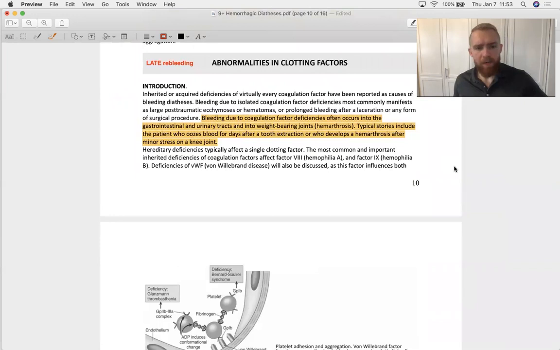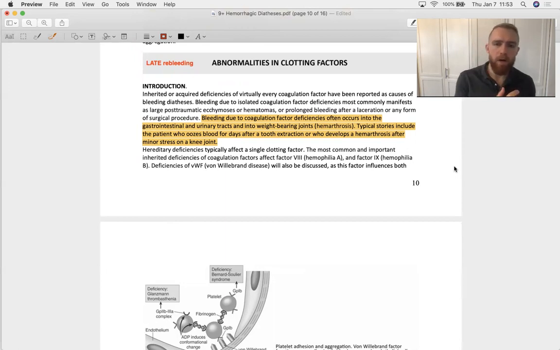Let's talk about clotting factors now. As opposed to bleeding due to platelet problems, bleeding due to clotting factor problems tends to be more severe and involving a larger surface area.